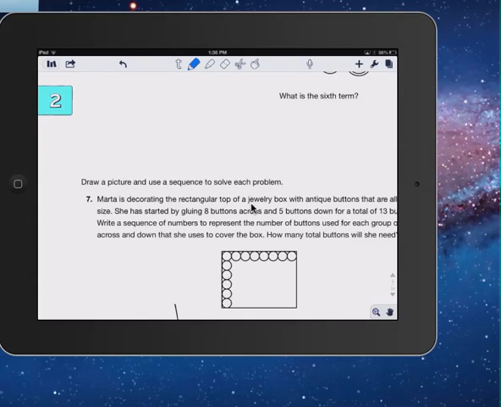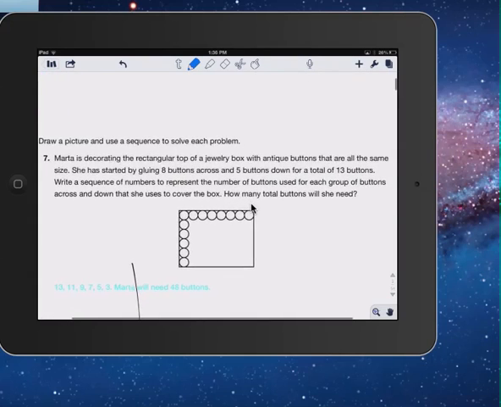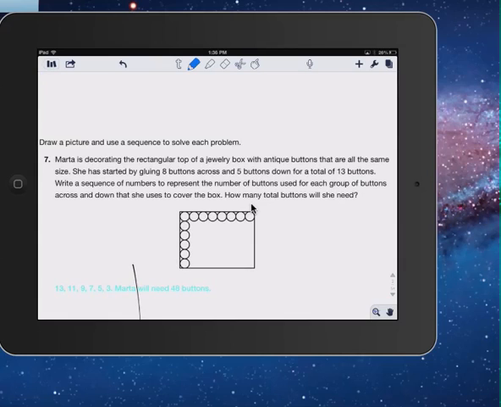Okay. Shh. So, Gregory, can you please start over? Yes. Marta is decorating the rectangular top of a jewelry box with antique buttons that are all the same size.